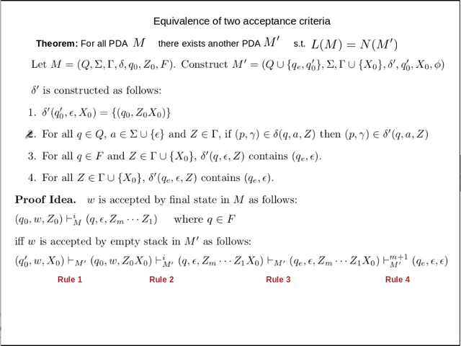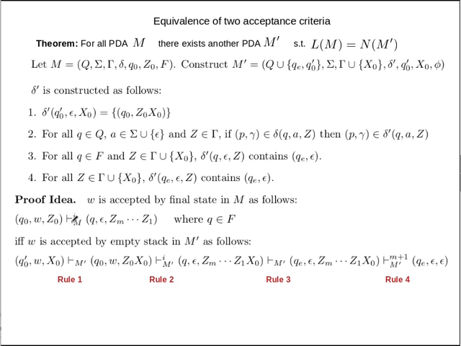And by virtue of this rule 2, because all other transitions are essentially the same, if you have a number of steps here for M which leads to this ID, then you will have a corresponding number of steps here. What is the difference?